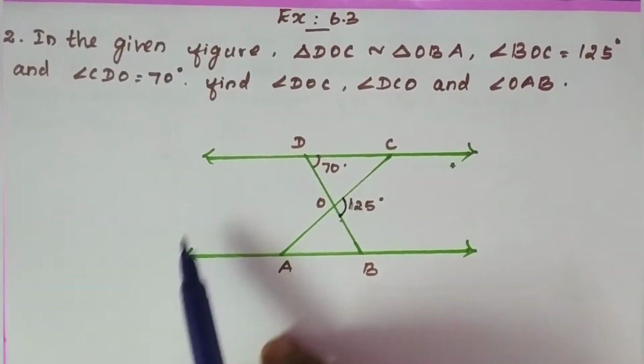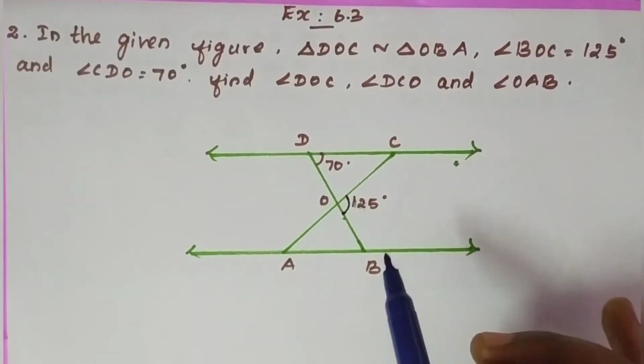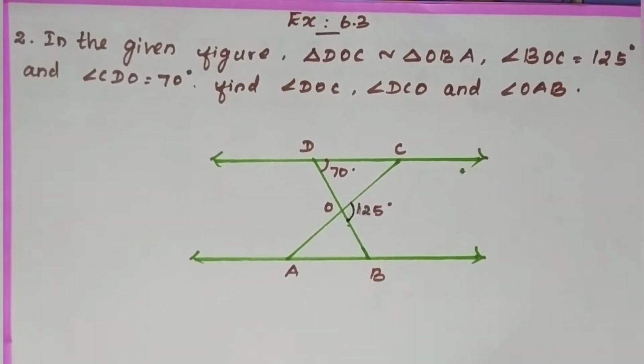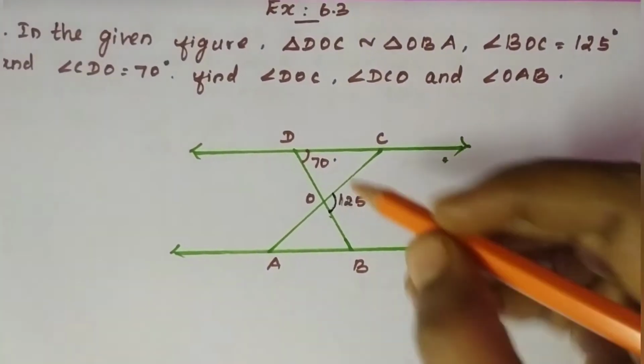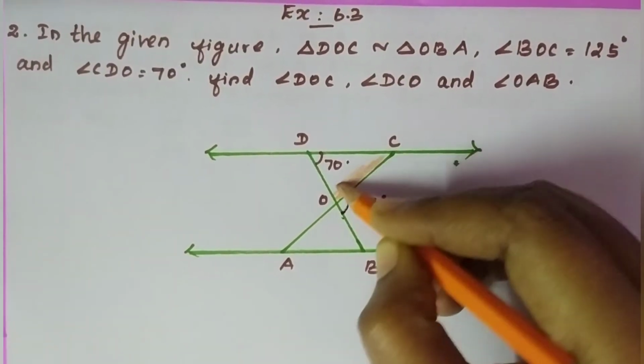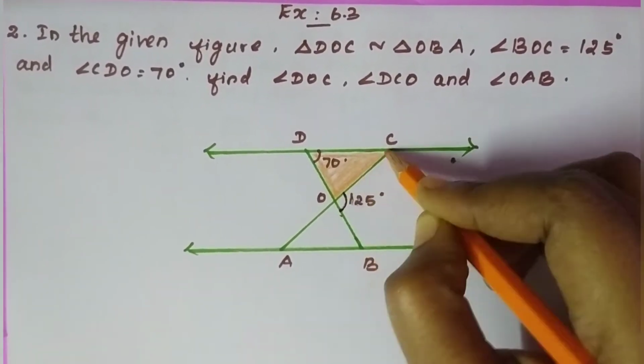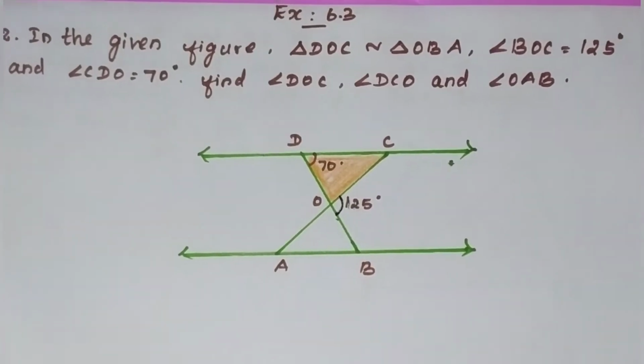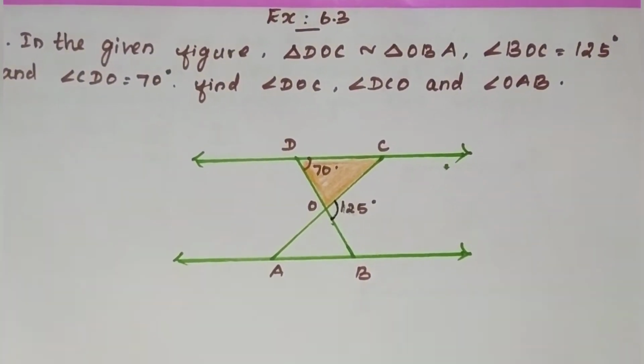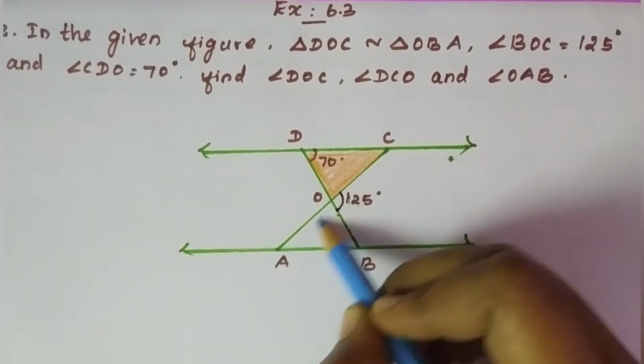In the given figure, the shaded triangle DOC is similar to the triangle OBA.